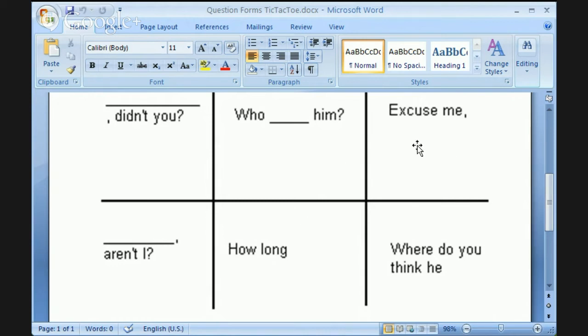Present tense, right? Is it possible to use past and future here? I forgot to give you a verb tense to work with. Usually, yeah, it's possible. For example, excuse me, did you see that? That's past tense.